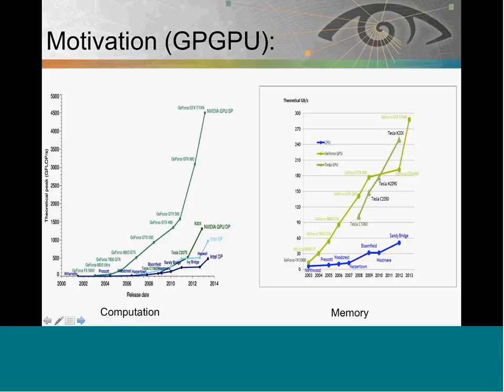Single precision gives you about 4.5 teraflops. And for double precision, the K20X gives you about 1.3, 1.2 teraflops. For Intel, single precision is less than 1 teraflops, and double precision is about 0.5 teraflops.